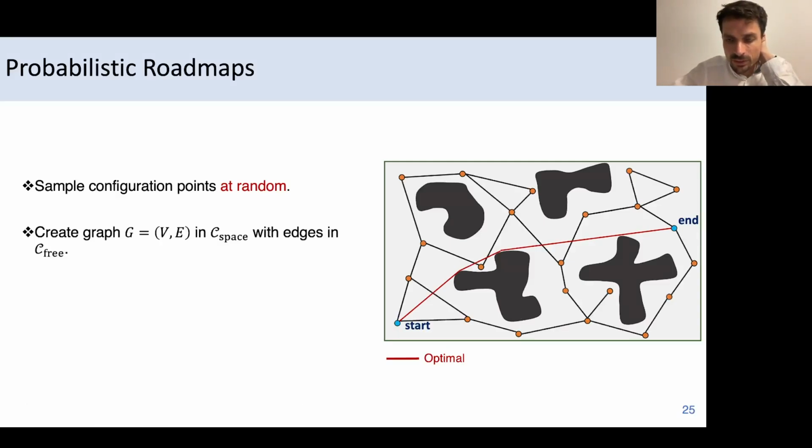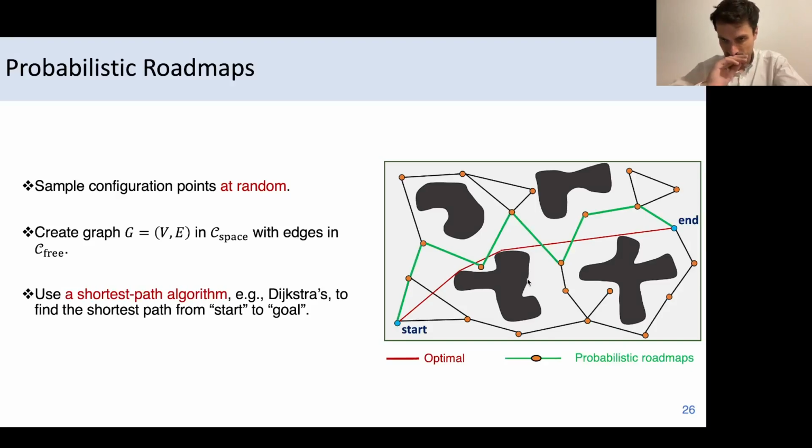After that, we connect each configuration point with its nearest neighbors, if the UAVs can go from one configuration point to the other on a straight line without leaving the allowed region, right? So this one cannot be connected to this one, for instance, because it would need to go through this part here. So after this graph is created, we can apply a shortest path algorithm.